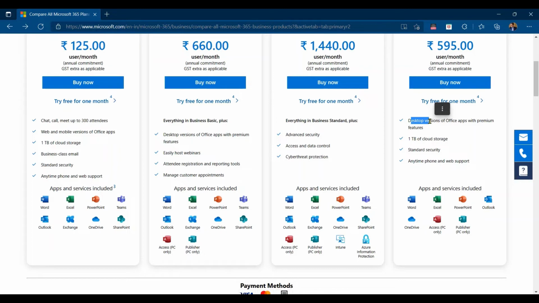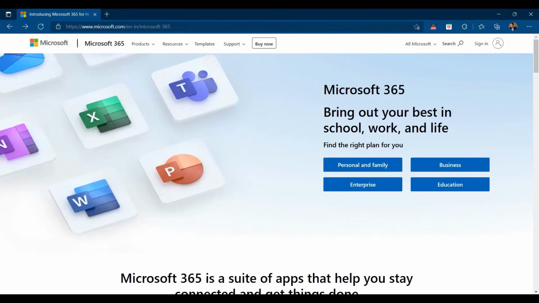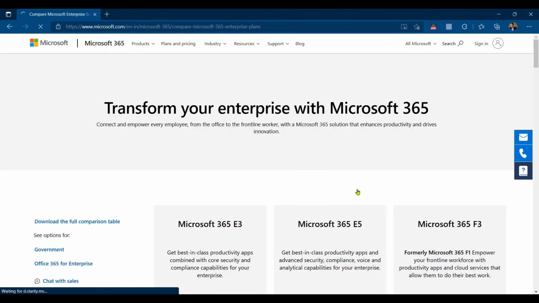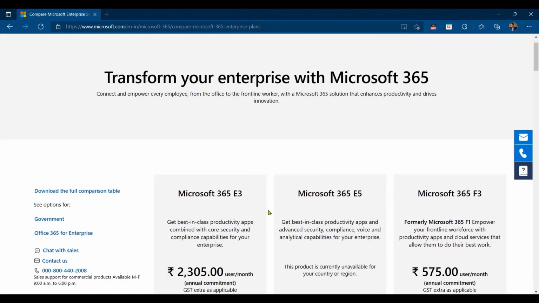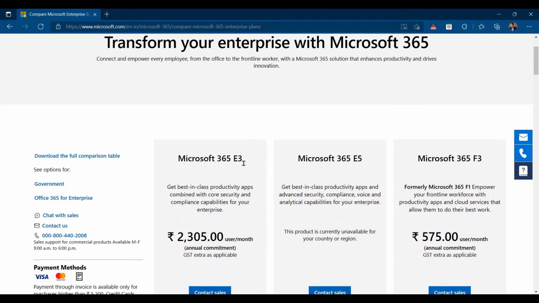Then we'll move on to the next category, that is Enterprise Edition. The last category that we are going to discuss is the Enterprise license. Let's get into this. If you look into the Enterprise license, we have just 3 tiers: E3, E5 and F3, and F3 was formerly called F1.